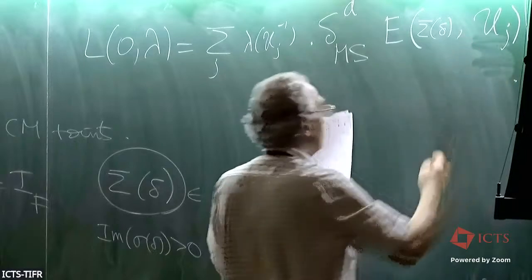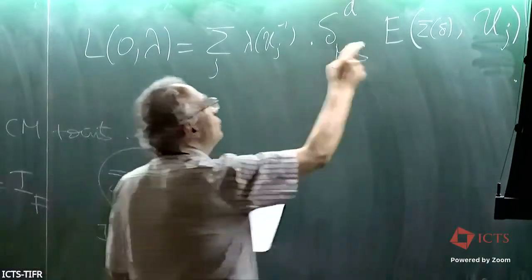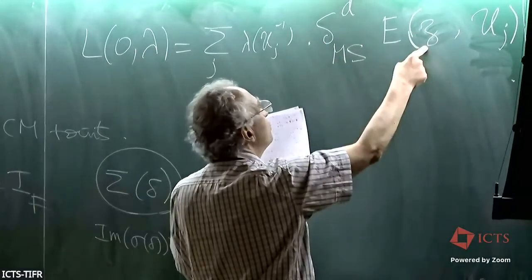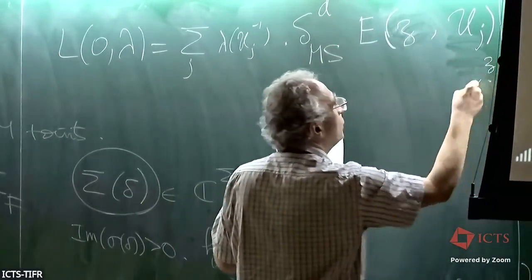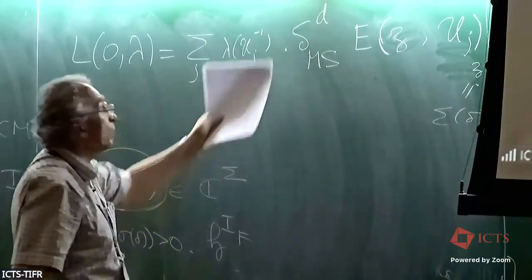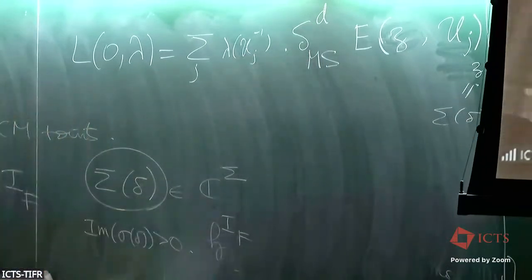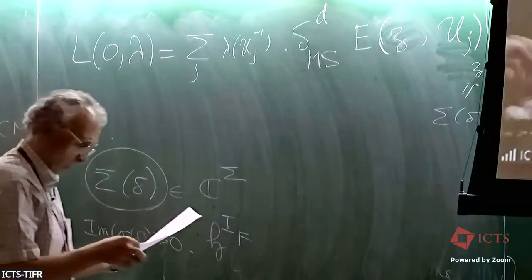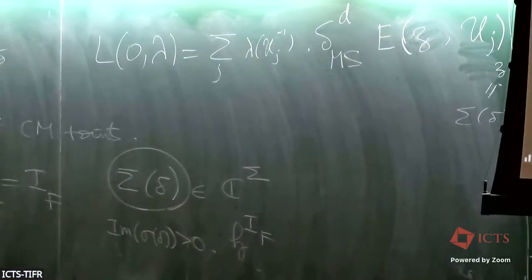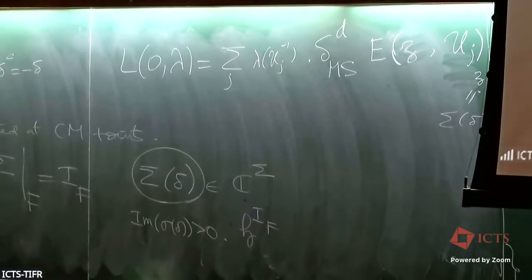Okay, I'm sorry. Z, and then you take this derivative and then you apply Z to be sigma of delta. Sometimes you don't need this derivative in case d equals 0. The norm of AJ is exactly, this is the Eisenstein series.